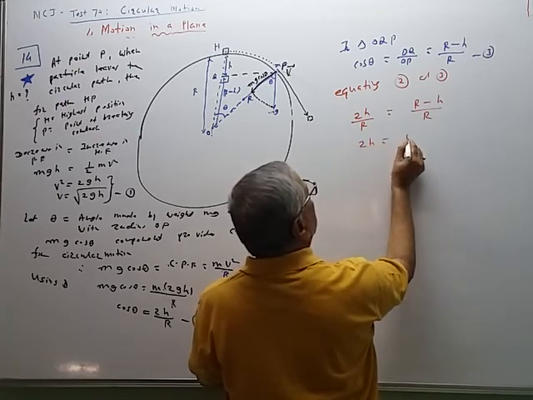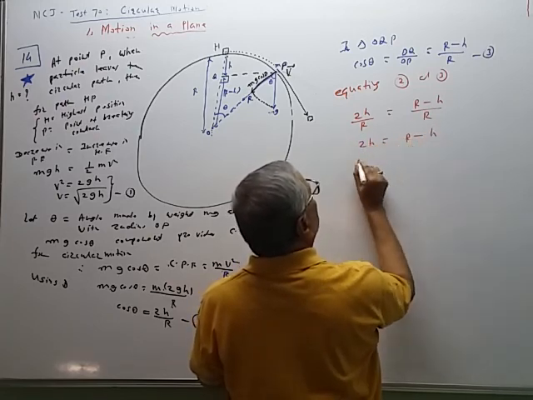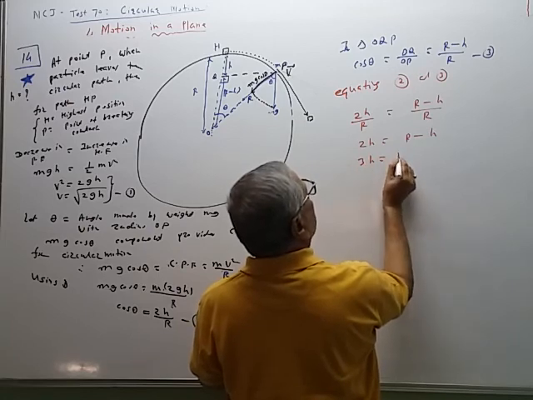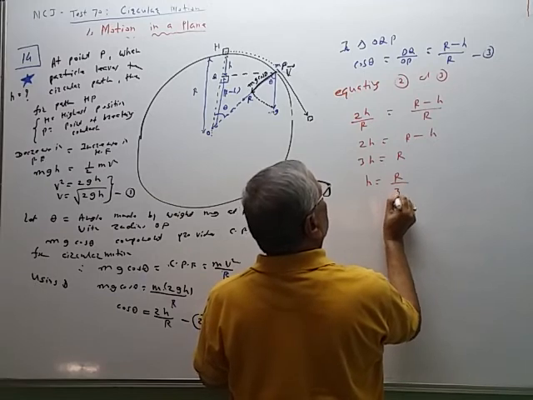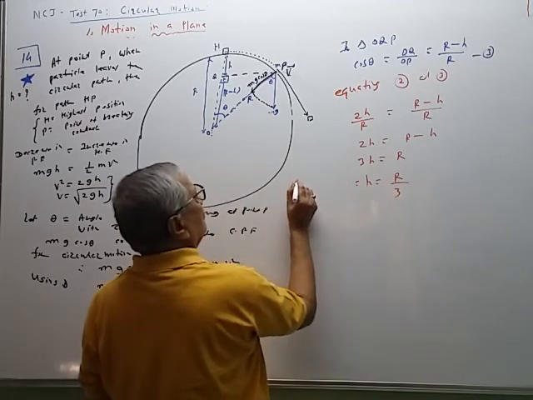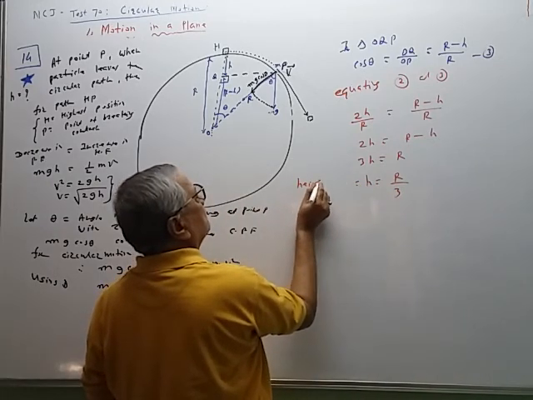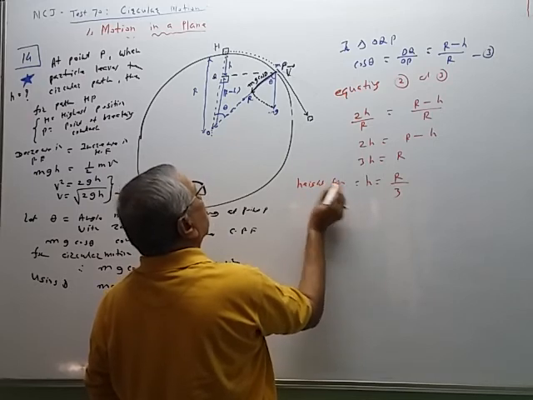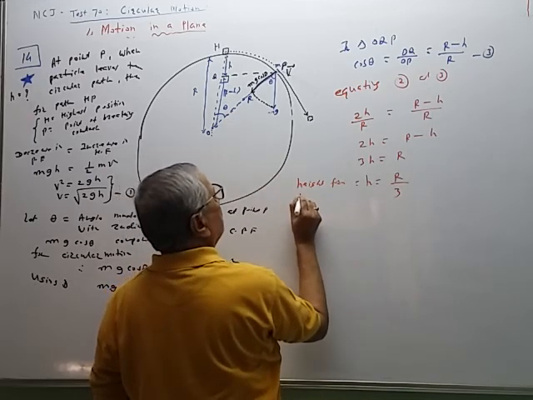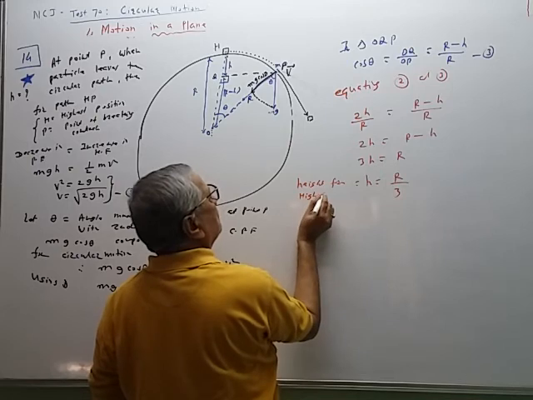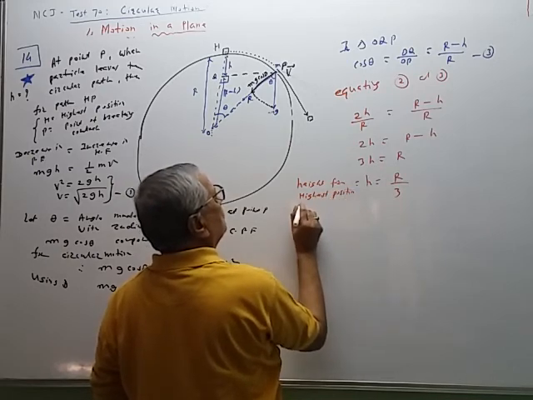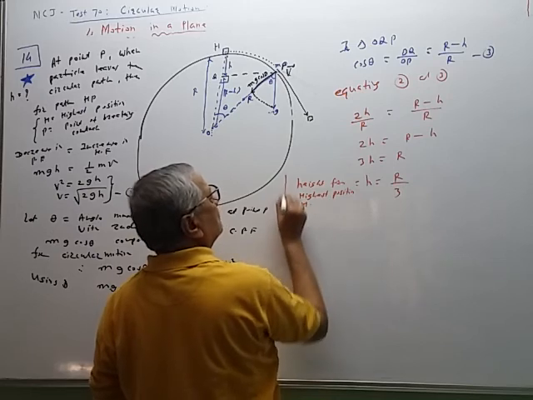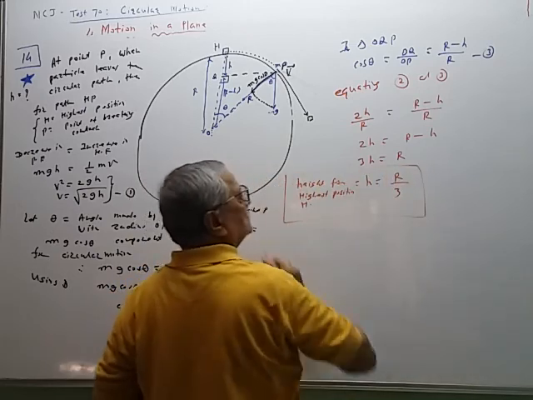So 2h is equal to R minus h. Therefore 3h is equal to R. Therefore h is equal to R by 3. This is actually called the depth from the highest position, h is equal to R by 3.